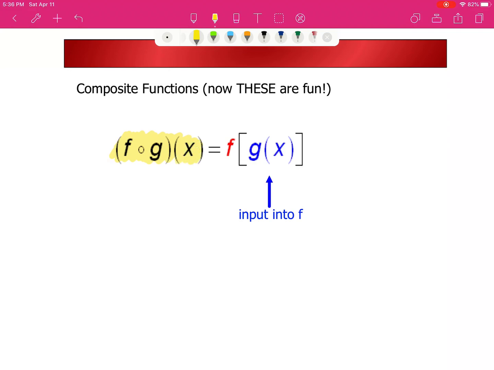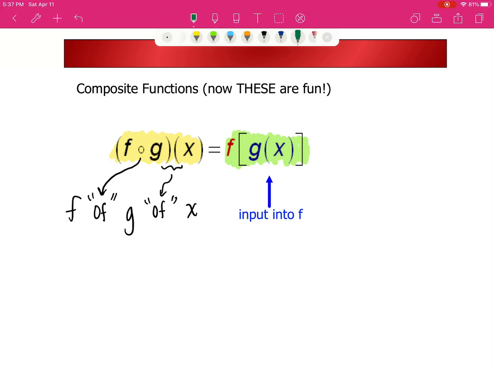The one on the left says f of g of x. Similarly, the one on the right means the same thing, and we say f of g of x.